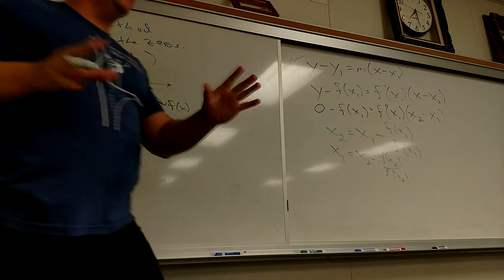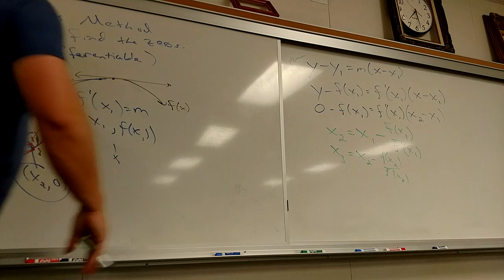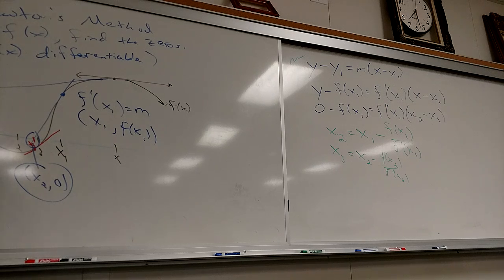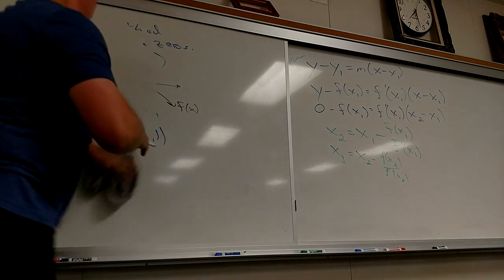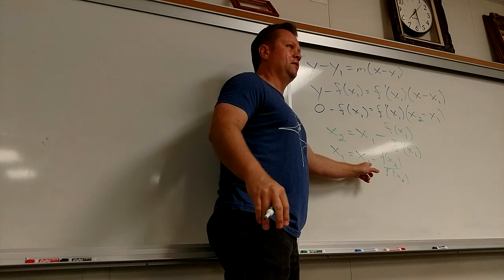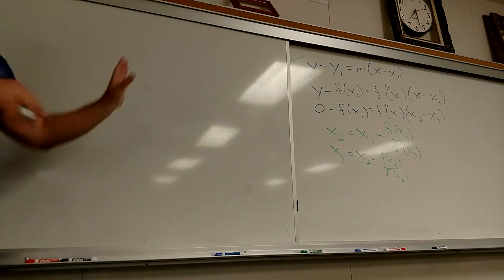Let me write it the same way. It's always a question about which way they want to write. I'm going to take this away. We're going to do a specific example in a minute. So x4 would be built from x3, and x5 from x4.